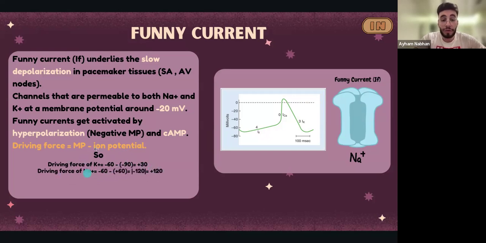But the driving force of sodium would be minus 60 minus positive 60, which equals minus 120. The driving force cannot be negative, so we take the absolute value, which is 120. So let me ask you this question: which driving force is greater, the potassium driving force or the sodium driving force?